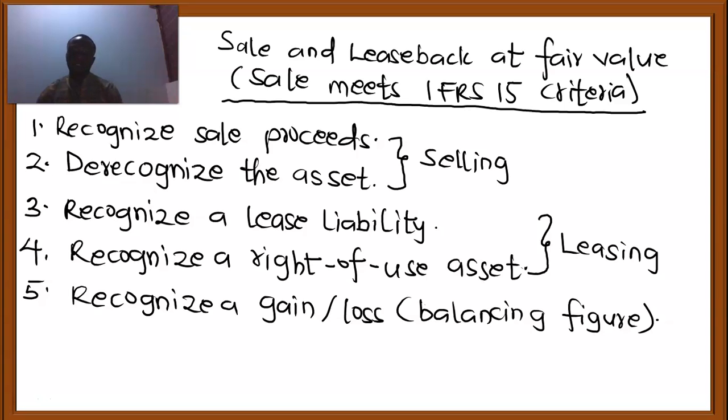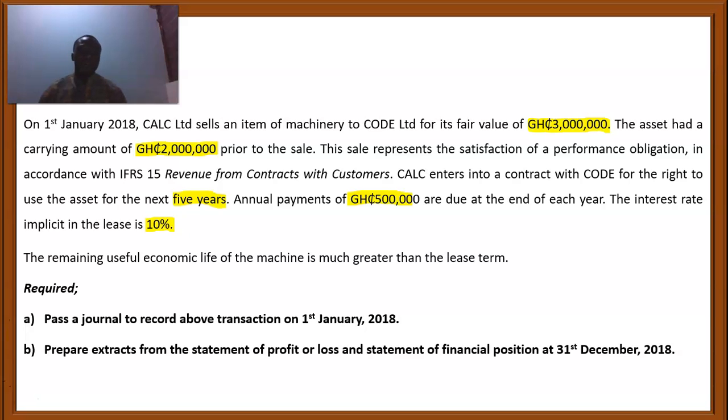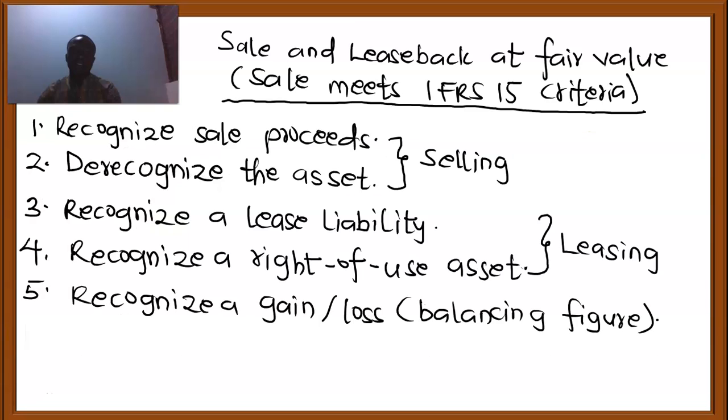Okay. So let's start solving the question. Requirement A says we should pass a journal to record the transaction on 1st January 2018. So we are going to prepare a journal by using the 5 steps we've outlined here.